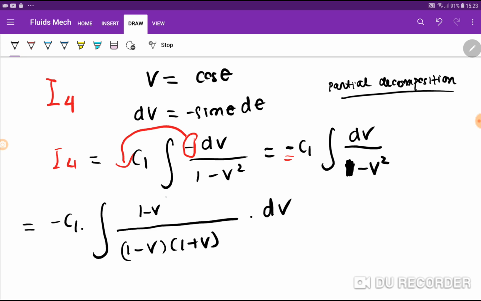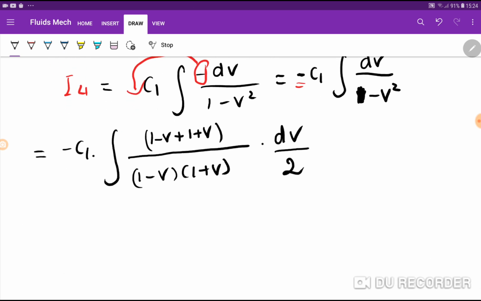Do you agree? Because 1 minus v plus 1 plus v is 2, and 2 over 2 is 1. And 1 times dv is still dv. You see what I'm saying? Some people call this magic. I'd say this is practice, and you get used to it. You're going to love it. Sometimes it's way faster than partial decomposition, but partial decomposition is more generalized, so use what works best for you. I'm going to put 1 over 2 outside like this, and inside I'm going to write like this.